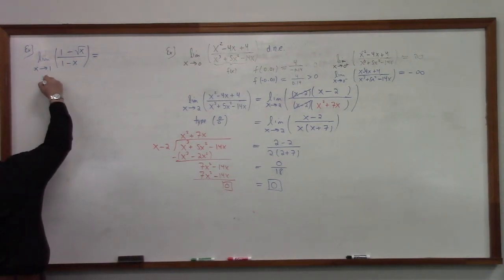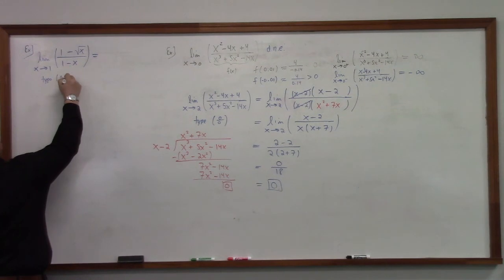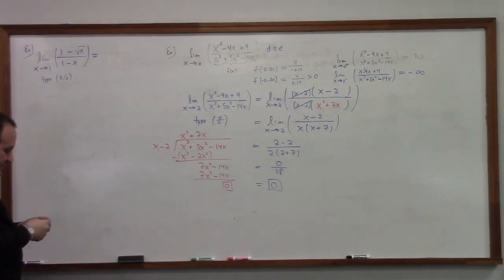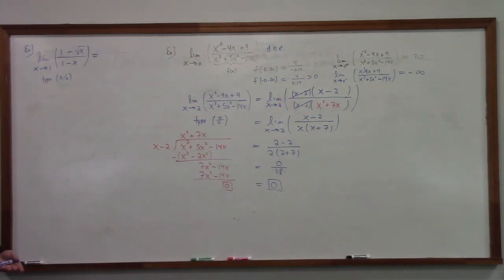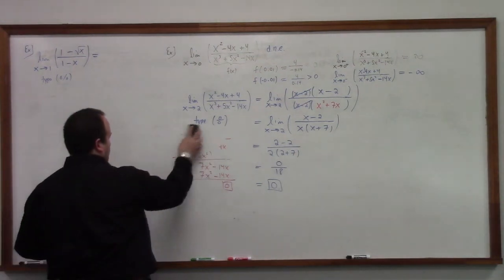Yep. So what does that mean? When we get type 0 over 0, what does that mean? That means we need to do algebra to remove the indeterminacy so that we can somehow cancel the zeros, right? And be left with something that we can either say, oh, after I remove the indeterminacy, it blows up. That could happen, right? Or after I remove the indeterminacy, it goes to 0. Or I think last time we had it go to fractions, right? I mean, it can do all kinds of different stuff.